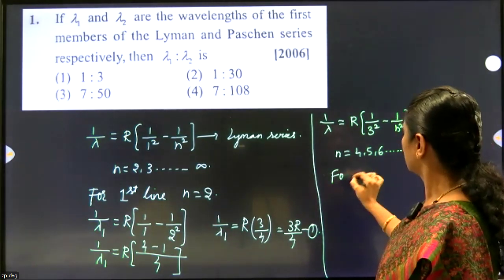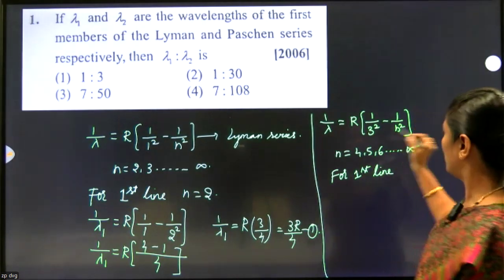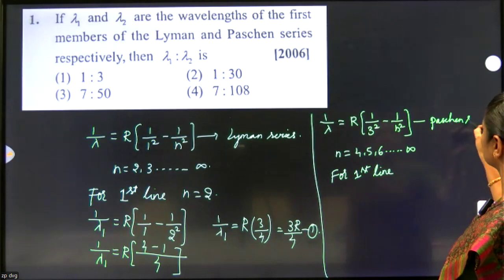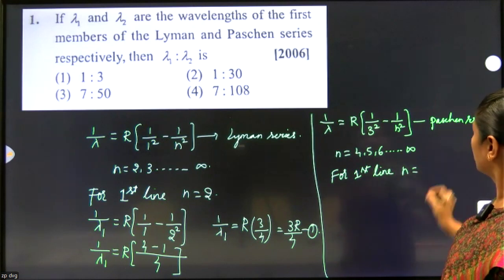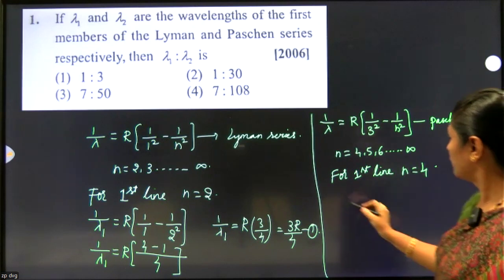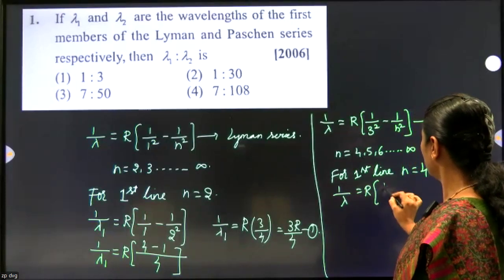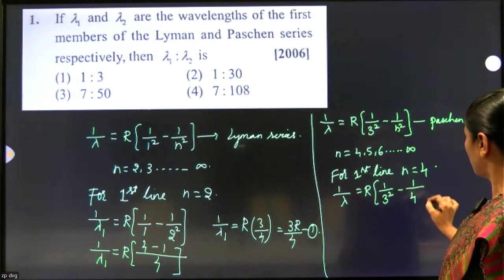For the first line of Paschen series, n is equal to 4. Therefore, 1 by lambda is equal to R into 1 by 3 square minus 1 by 4 square.